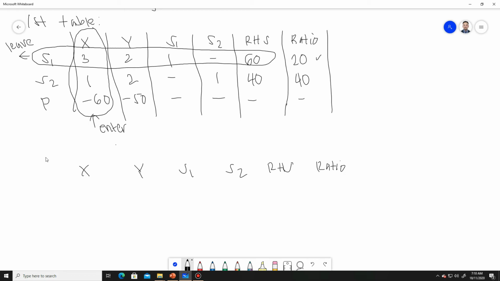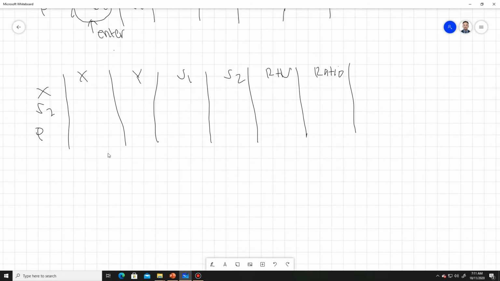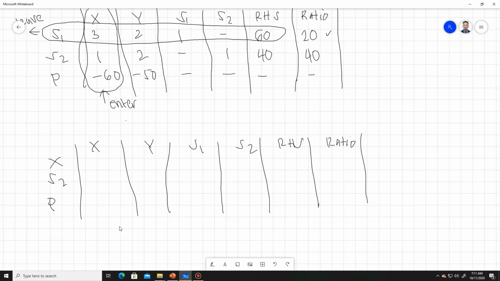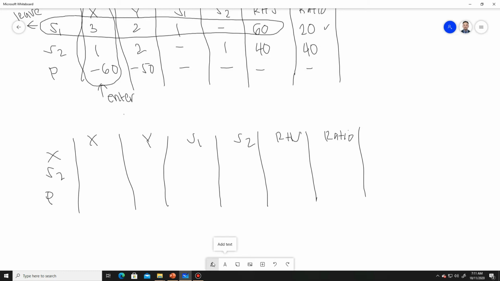Then, in the row part, since X is entering and S1 is leaving, we will replace S sub 1 with X. So, it will be X, S sub 2 retained, and then P. What we will do is first develop the X row.